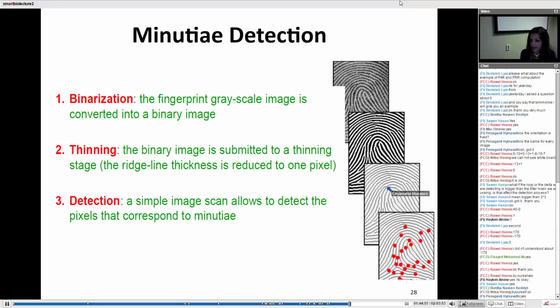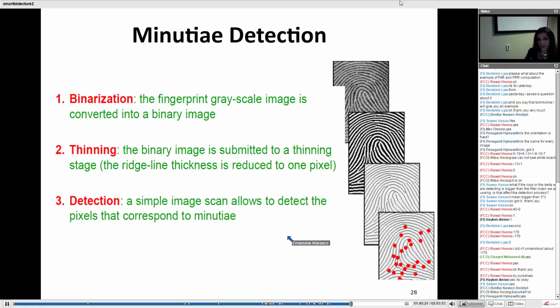In the previous image we can clearly see that there is a bifurcation, so this point is a minutia point. Or we have an end right here. You can follow my pointer, and then we have a minutia point. Another example, a ridge ending right here and here, two minutia points, and so on.